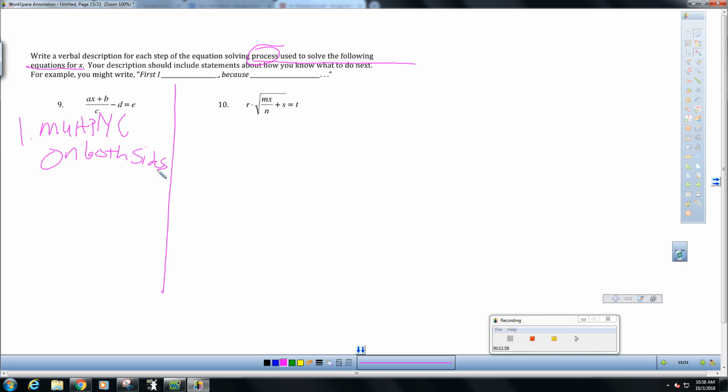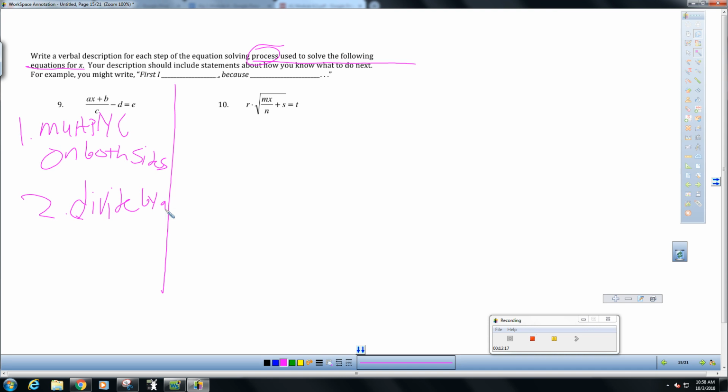Then we need to divide by a. Divide by a. We do that on both sides. And now we have x plus b minus d equals e times c. And then divide by a.